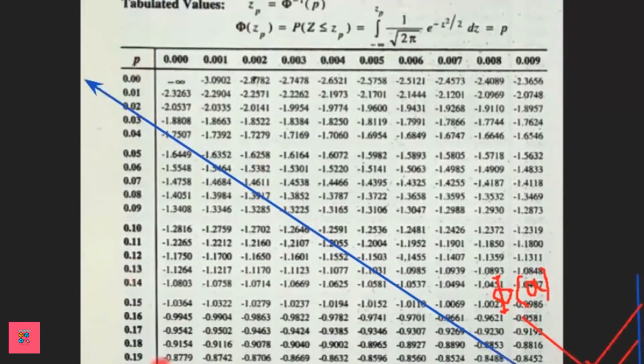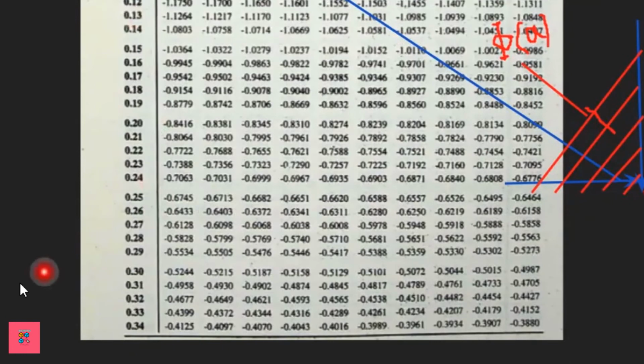In our case, 0.32 is the third last line, and we picked 0.32 from here, and from the upper side it's 5. By joining 0.32 with 5, I'm drawing a red line which starts from 0.32 and ends at 5. So the value is minus 0.4538.